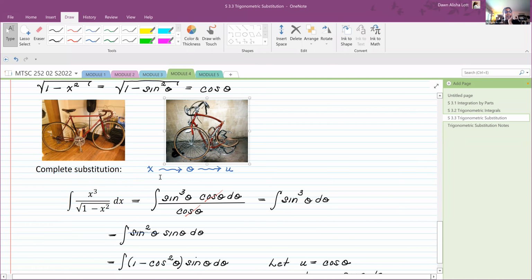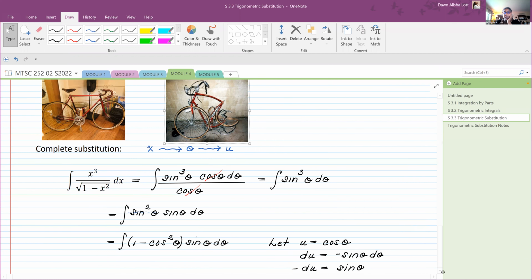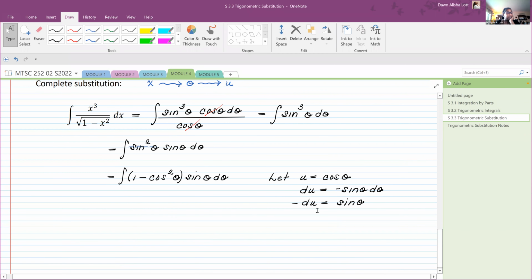Okay, so that's what happens with these problems. If this problem is given to you in x and you have deformed it to become a theta and then transformed it again to become a u, you can't give me back the answer in u. You have to go back from u to theta and theta to x and give me my pristine bicycle back. So that's what I want you to be thinking when you're doing these problems.